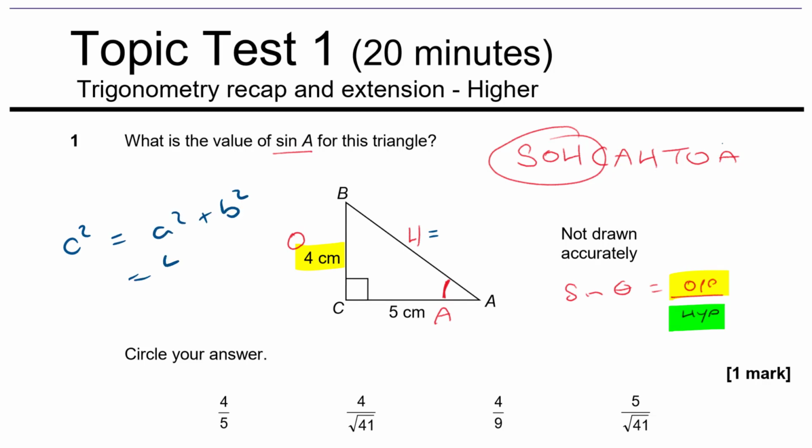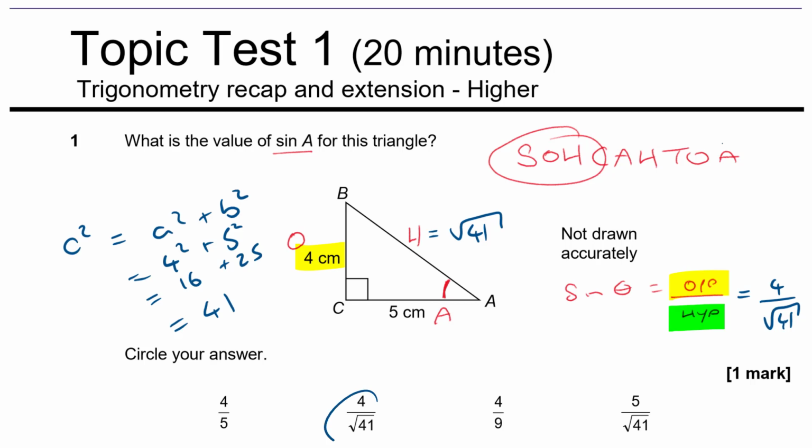So I've got 4 squared plus 5 squared, which is 16 plus 25, added together is 41. So my hypotenuse is going to be the square root of 41. So it's 4 over root 41, which is that one there. That's an awful lot of work for 1 mark. Anyway, let's move on.